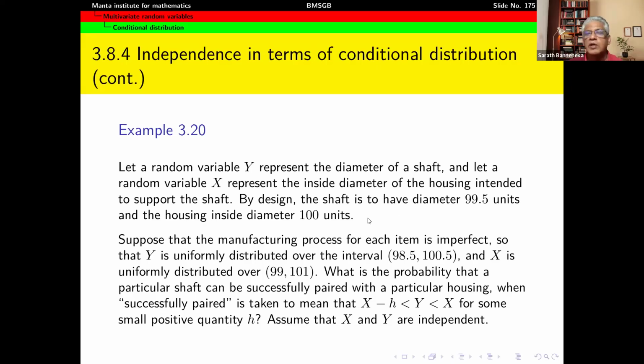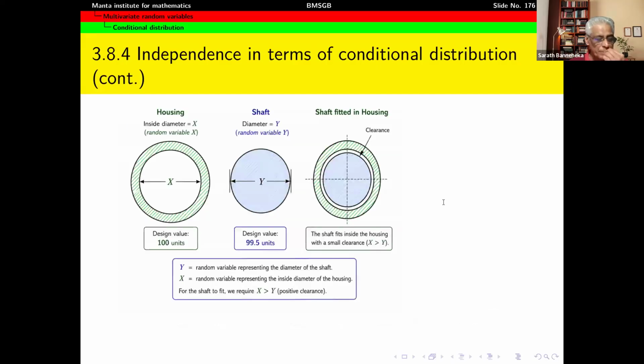So this problem can be shown using a diagram like this. We have a housing in which the shaft is going to be put inside.